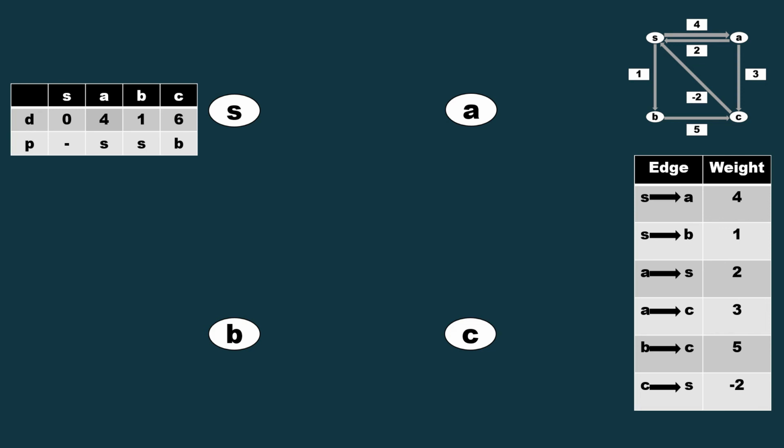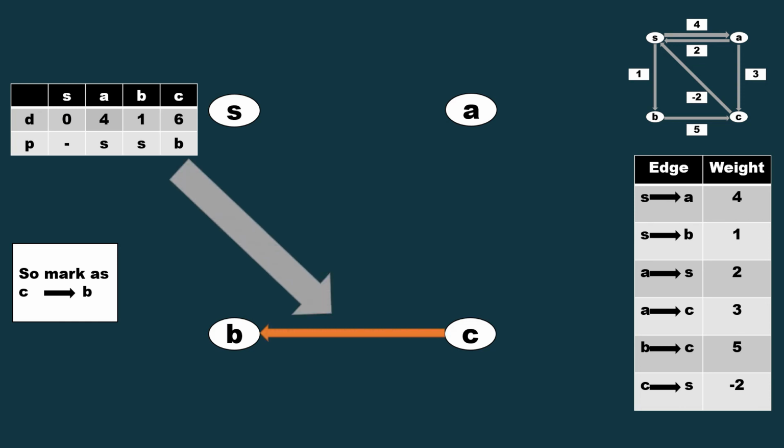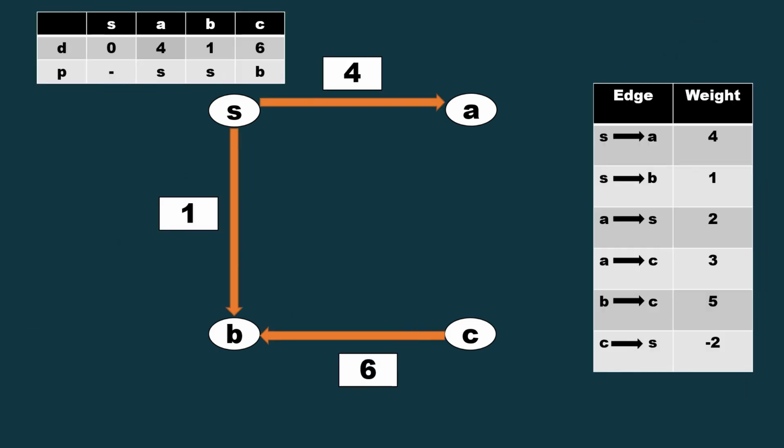We will now graph the last vertex, which is C. C has the predecessor of B, so mark as B to C with a weight of 6. And this is now our final graph.